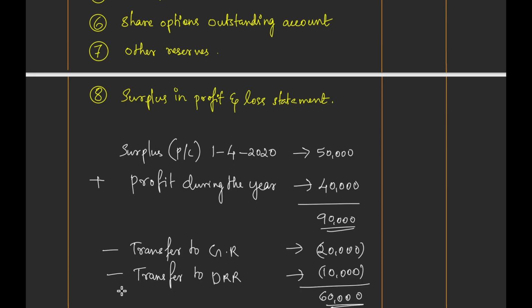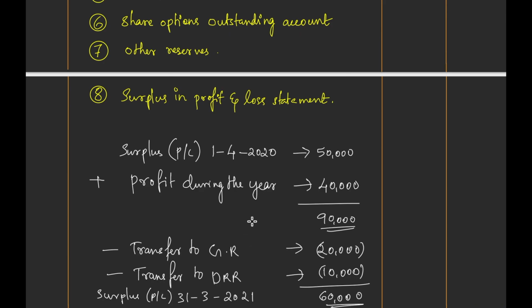So this will be the surplus in profit and loss account as on 31st March 2021. So while giving details on surplus in the notes to accounts under reserves and surplus, we should provide a statement like this showing additions and deductions and appropriation to different reserves accounts as well.